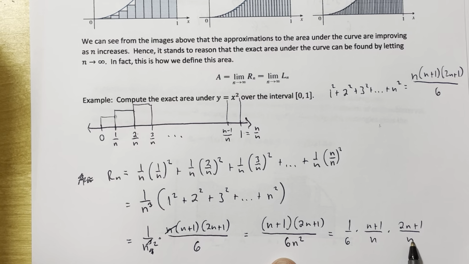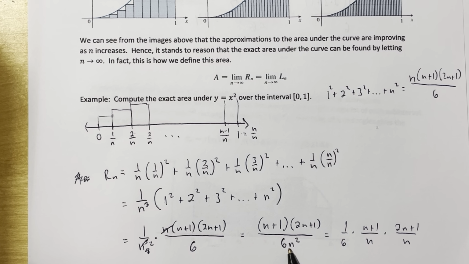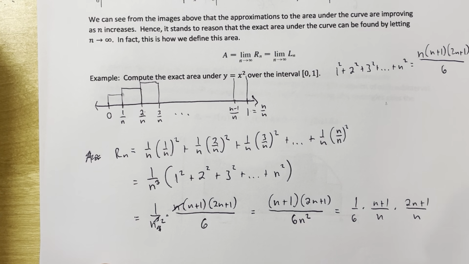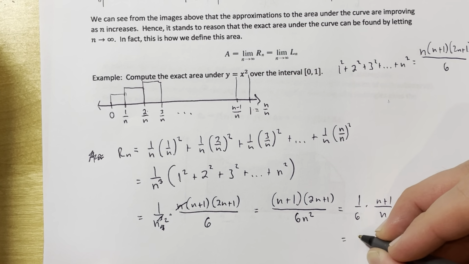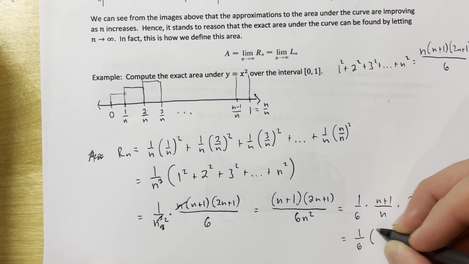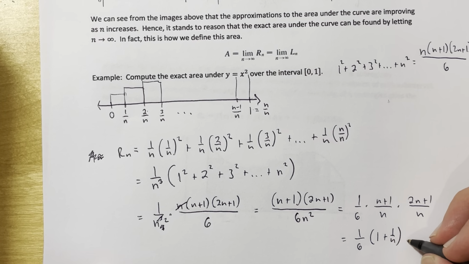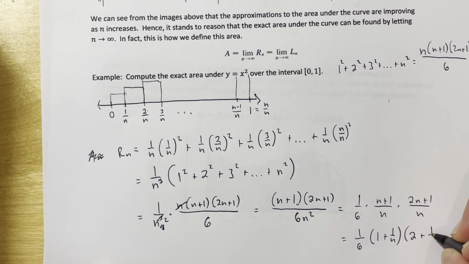Notice the n times n is n squared times the 6. That gives me the entire denominator. And then the numerators would multiply out to this as well. Let's simplify this a tad more. I can write this as 1/6 times, do the division here, n divided by n is 1 plus 1 over n. Here, 2n over n is equal to 2 plus 1 over n.